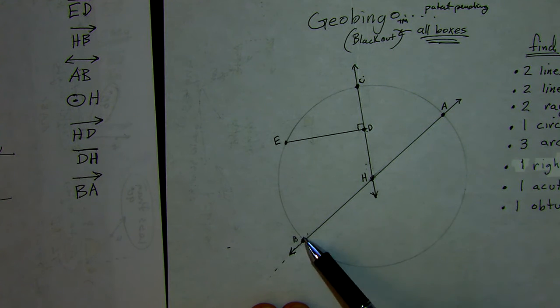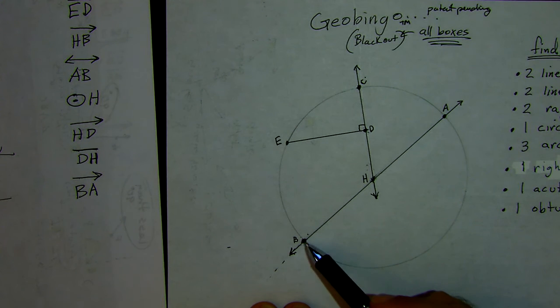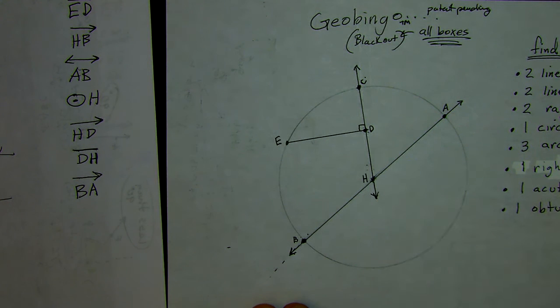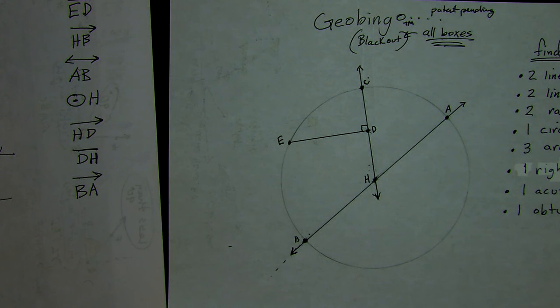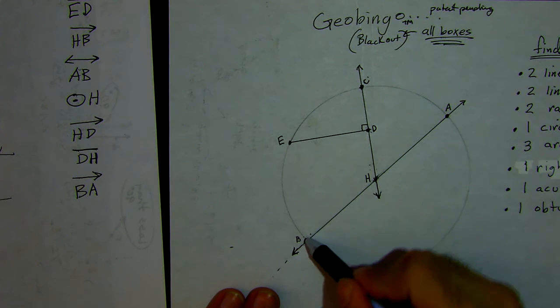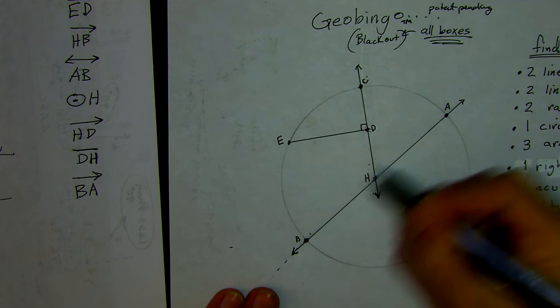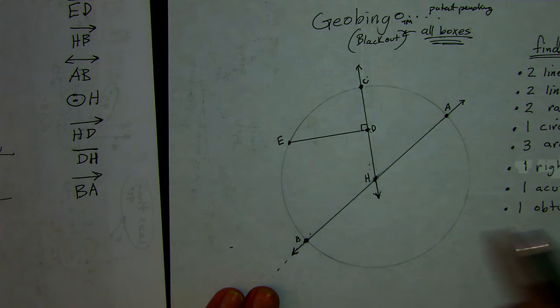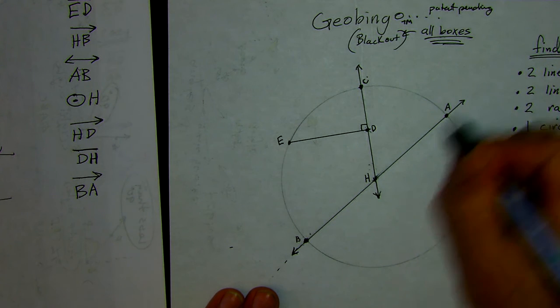Okay. Would BH be the same as BA? Let's see. BH. Excellent. Good job, Orlando. Oh, back to you, Orlando. You had a good question. Is Ray BA, which starts at B and goes through A, the same as Ray BH, which starts at B and goes through H and keeps going? Tell me yes or no. Are those the same?